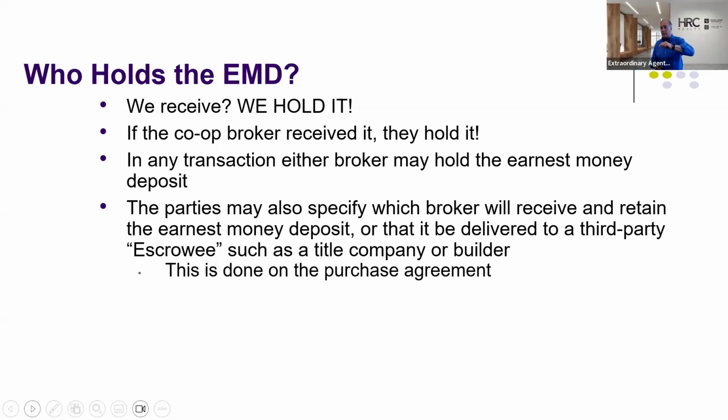But on the purchase agreement, it needs to be stated the title company is holding it. It could be that you're working on a new build. Builders love to hold the earnest money deposit. It's fine as long as all parties agree to it, but it must be stated on the purchase agreement that the builder is holding it. Okay? So again, that has to be done on the purchase agreement.